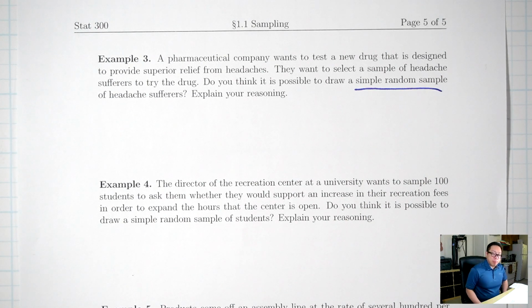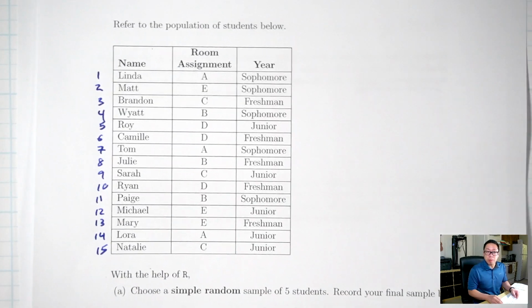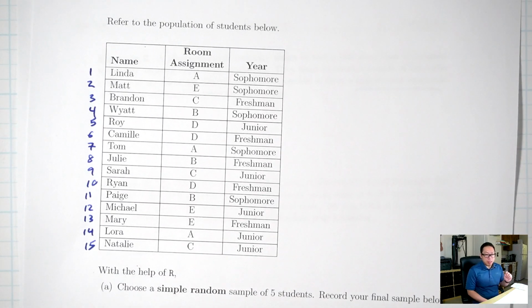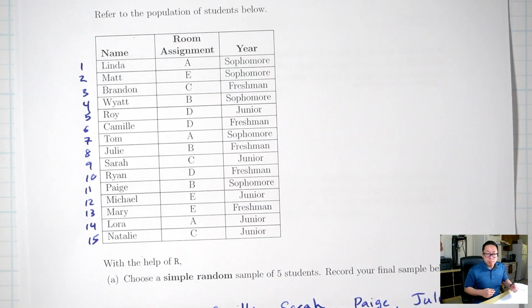All right. If we think back on what a simple random sample is, and let's go back to the example with the student population, where we did a simple random sample. I said the two typical ways you do a simple random sample is you take everybody's name, put it into a box or a hat, shake it up, and then pick out the people.